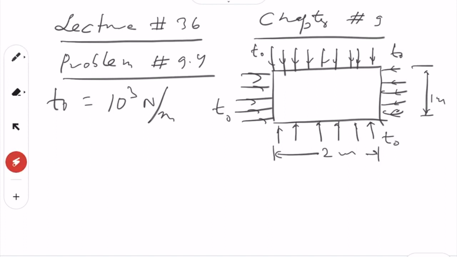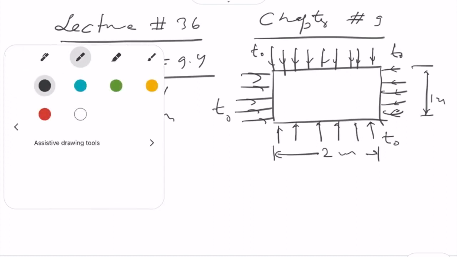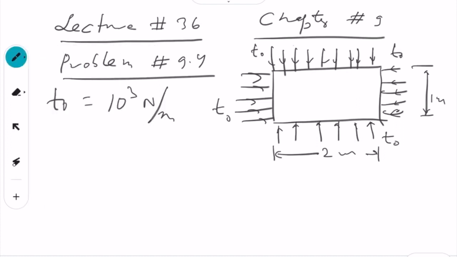Not only compressive like this one, there is also force in the other direction as well. So, there is also shear force, which is also given. Force here is given like this, here like this, here like this, here like this.